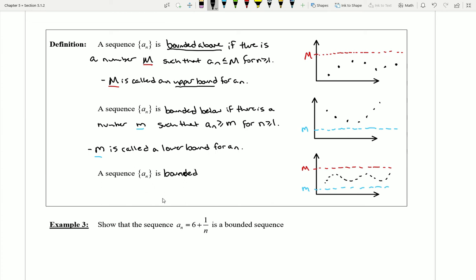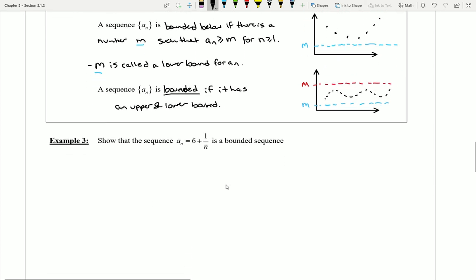So we say that a sequence is bounded if it has an upper and lower bound. That's it.